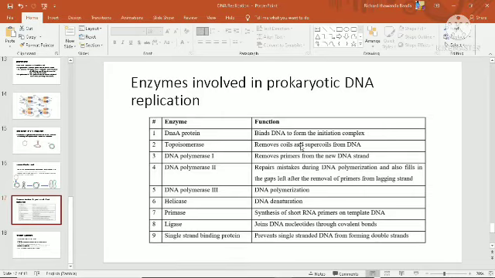You have instances where there are gaps in between the Okazaki fragments, and then DNA polymerase 2 will go in and fill in. And then you have DNA polymerase 3, which is responsible for the main DNA polymerization. But what you should know is that all three of them have some proofreading activity.